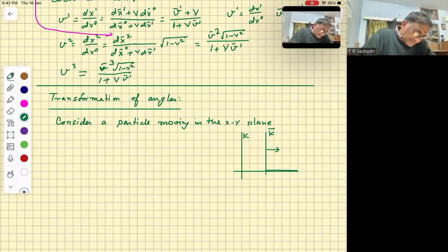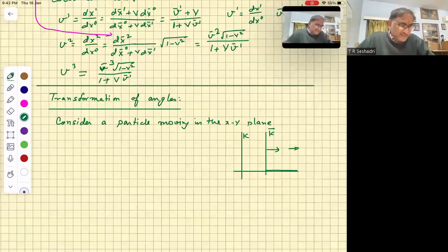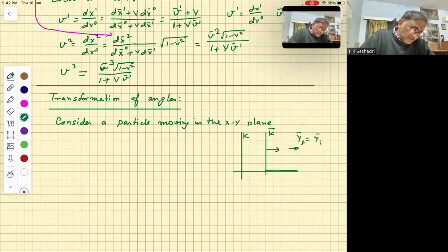If I had a particle which is traveling in the x direction, then with no loss of generality, I can say that the y components don't change with time in any frame. So y bar final is equal to y bar initial, y final is equal to y initial, z bar final is equal to z bar initial, z final is equal to z initial.